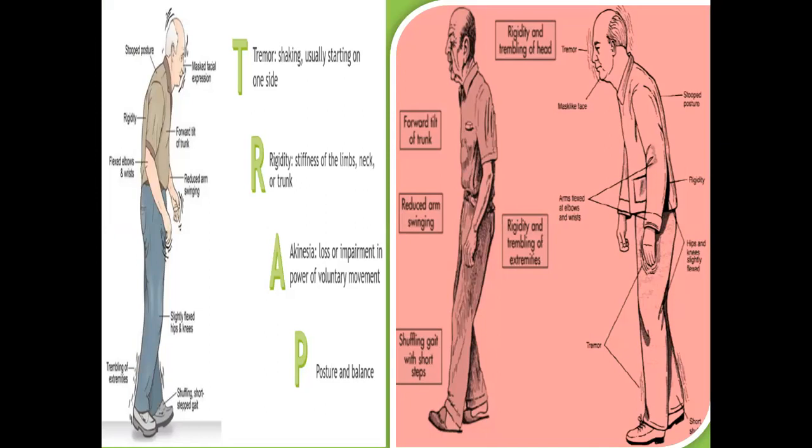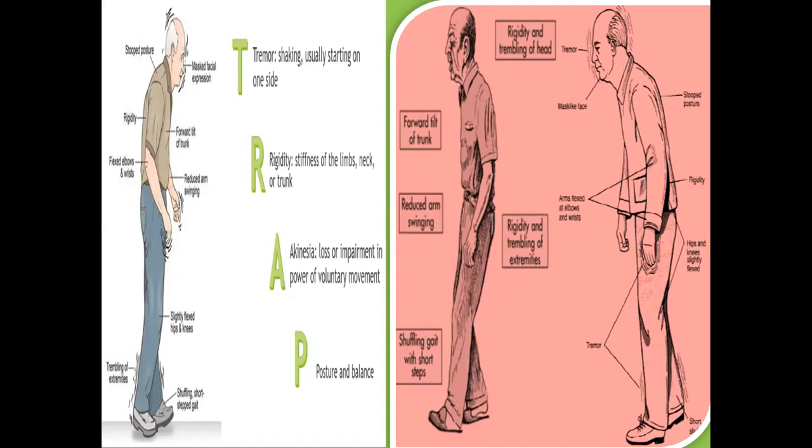Tremor means shaking; Parkinson is also called shaking palsy. Initially it occurs unilaterally, followed by bilateral. Rigidity is stiffness of the limb, neck, or trunk. Akinesia is a loss of voluntary movement. P is the loss of posture and balance.